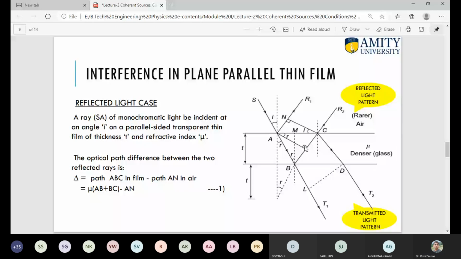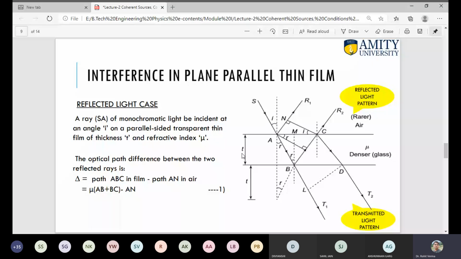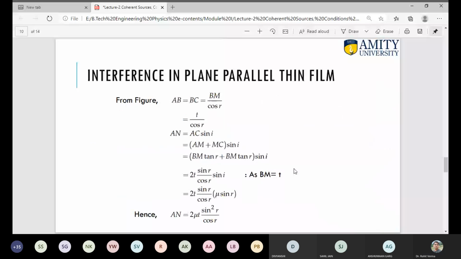And since this is, if you take this triangle ABM, then this AB, you have to determine the value of AB, and you know BM is t. So what is the relation between hypotenuse and perpendicular?